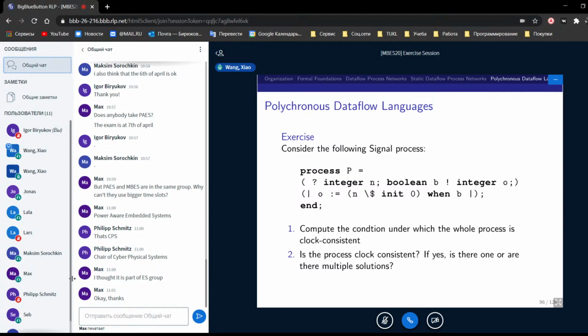Even if they are in the same group, if the exam dates are published in the beginning, then it's your decision. If you chose two lectures with the same time slot, and it's also not the case that you cannot have close dates for exams within a group.